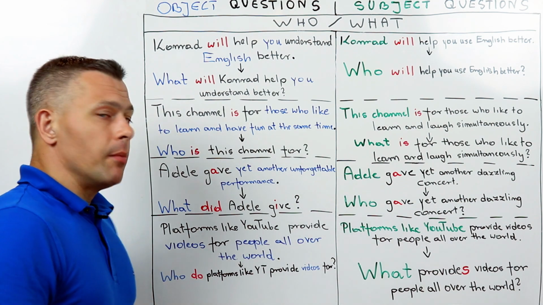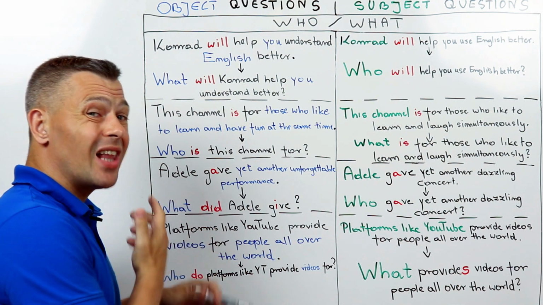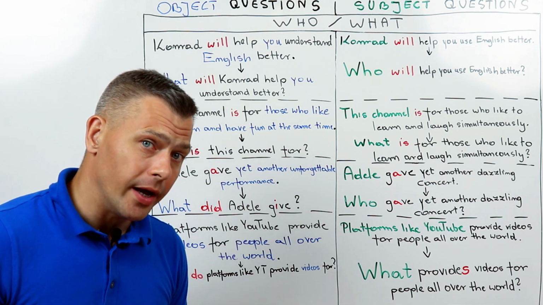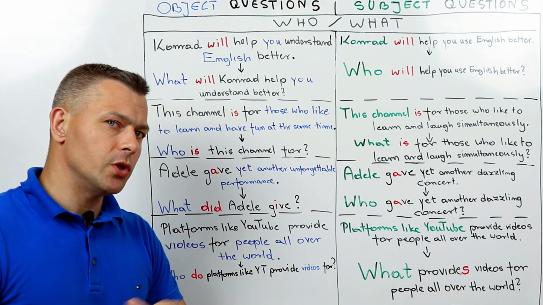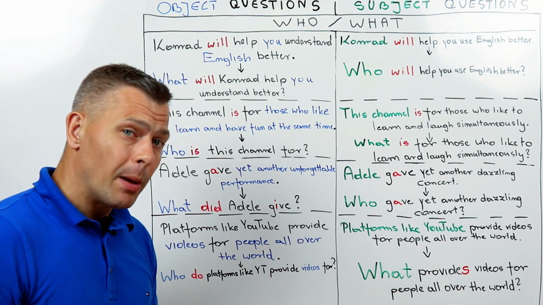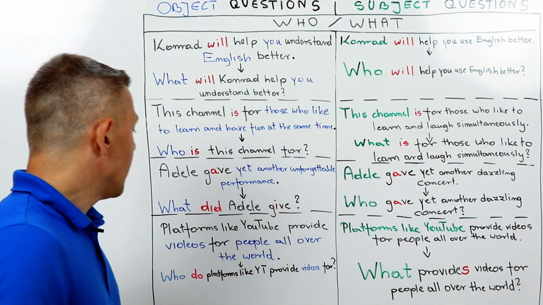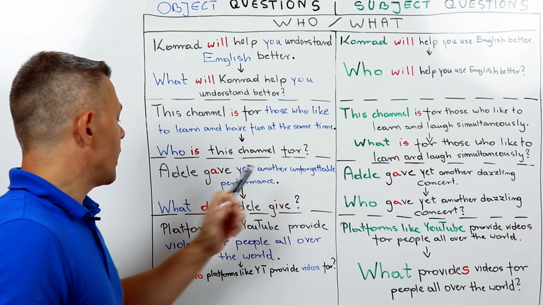The last two examples of this column are object questions as well, but they are slightly more difficult to form. Why? Well, because they are in past and present simple tenses in which there is no auxiliary in positive sentences, so we have to come up with it and add it in questions. So, Adele gave yet another unforgettable performance.